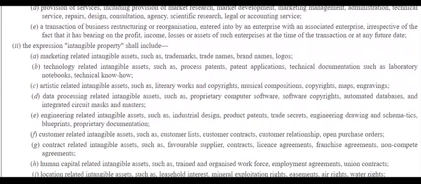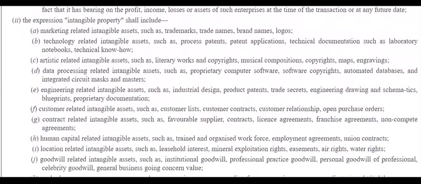Clause 2 of the explanation deals with intangible property. Intangible property includes market related intangible property.